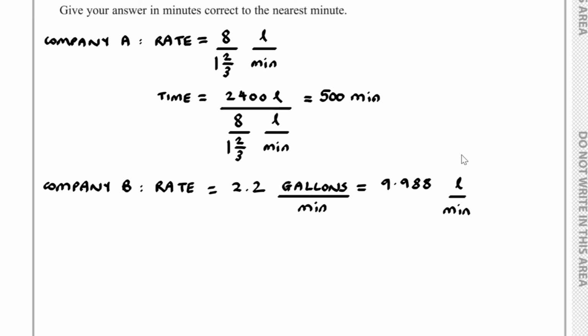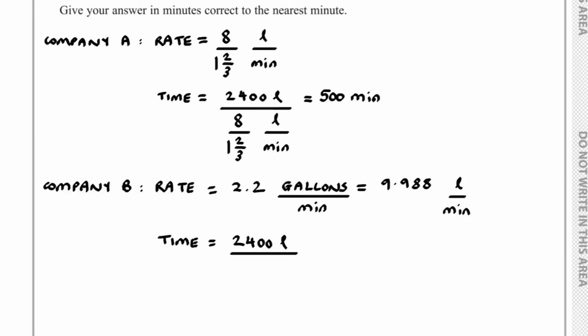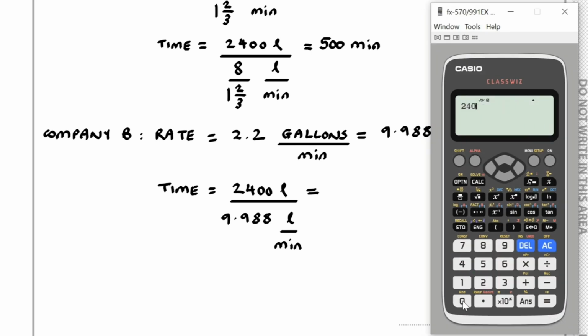And so if we were to work out the time it takes for Company B, that's equal to 2,400 litres divided by 9.988 litres per minute. If I work this out, it turns out I get 240.28 etc. minutes.